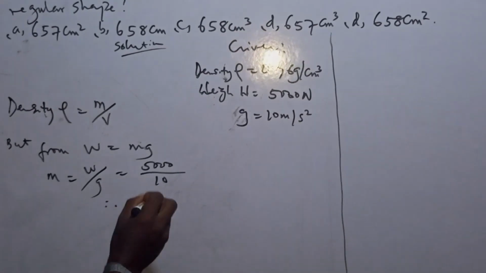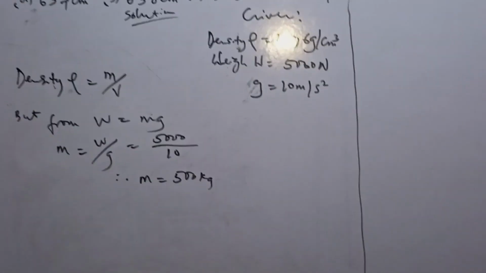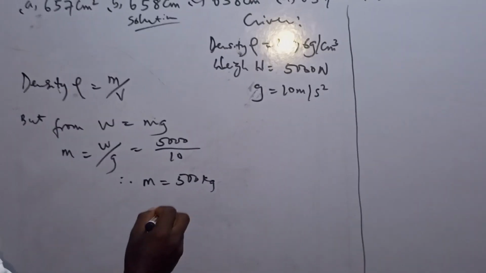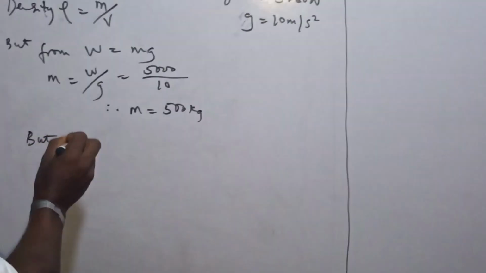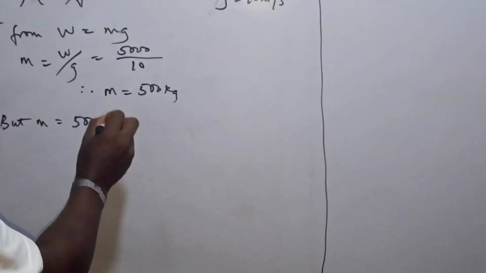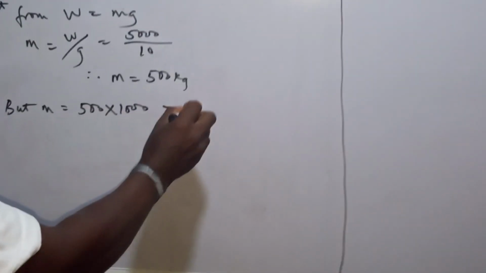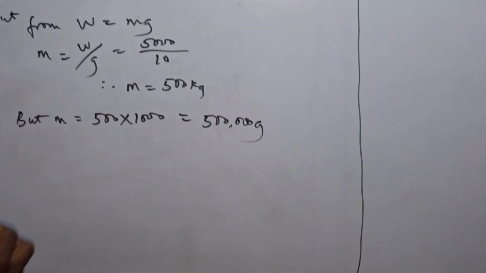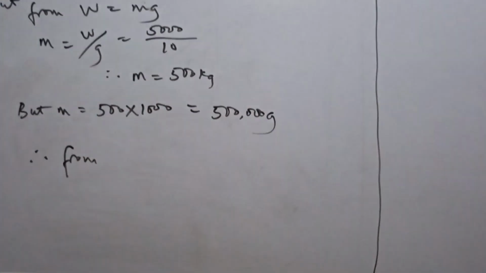Therefore, the mass here, 5,000 divided by 10, will have 500 kilogram. But this mass, 500 multiplied by 1,000, gives 500,000 gram. It is best left in gram.